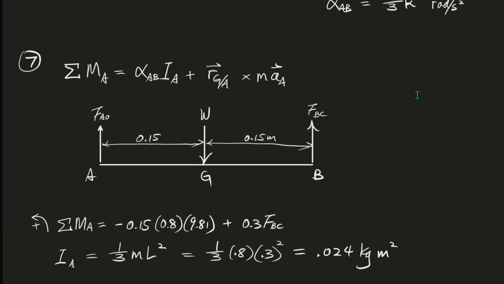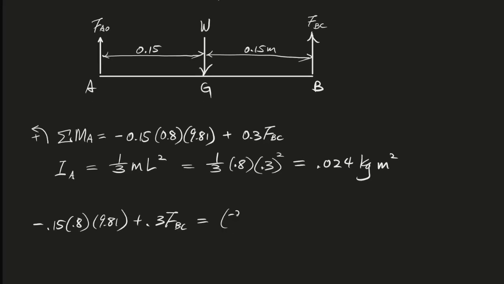Alpha of AB was negative 2/3 multiplied by the second moment of mass plus rho, which is actually just 0.15 because we're dropping the vector sign to make it simpler. That's the distance from A to G, multiplied by the mass, 0.8 kilograms, and the acceleration that is normal to the vector r of G from A.